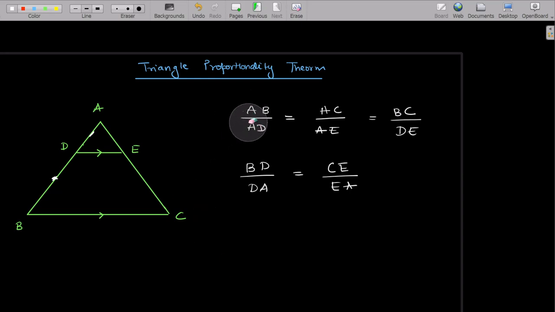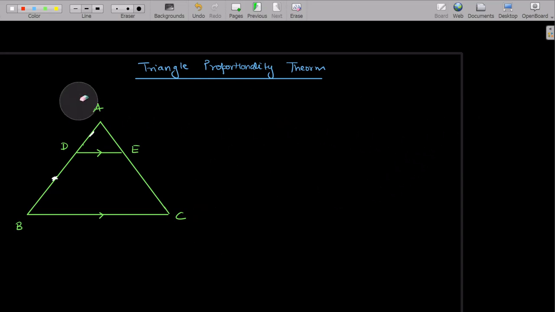I just want to make one change. Wait, give me a second. I want to change these points to A, B, C. Okay. Now tell me what will be the ratios.